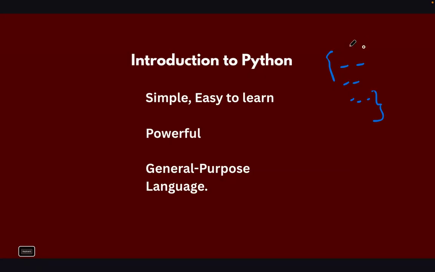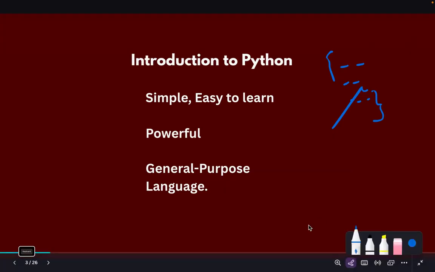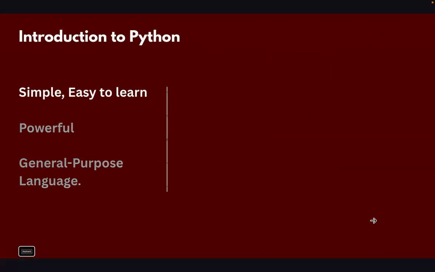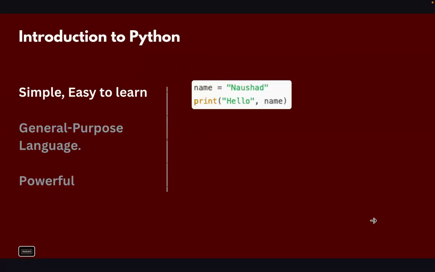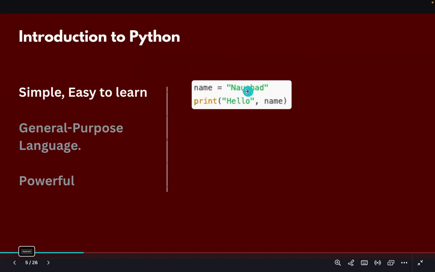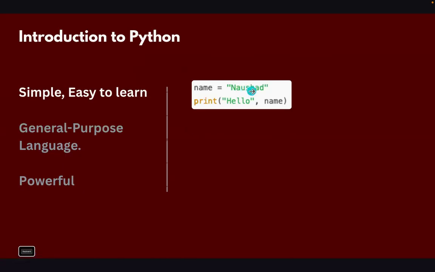Out of all the programming languages that we have, Python has the simplest syntax. Now let's try to understand why I call it the simplest syntax. Here is a simple program to print a message in Python. You just assign a name to a variable and you print the variable.